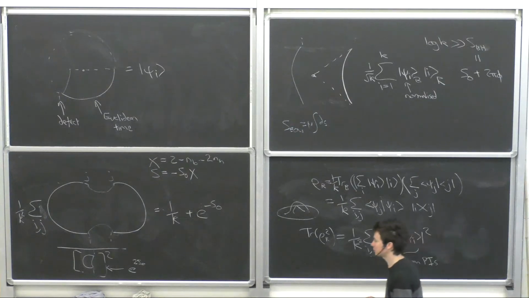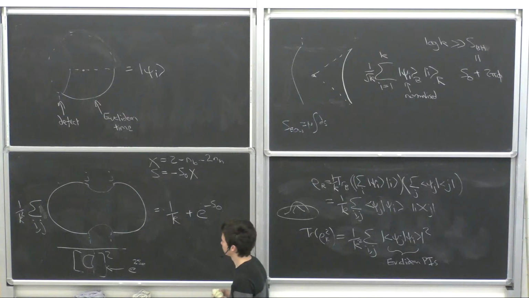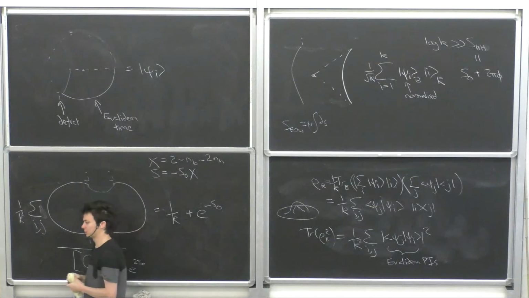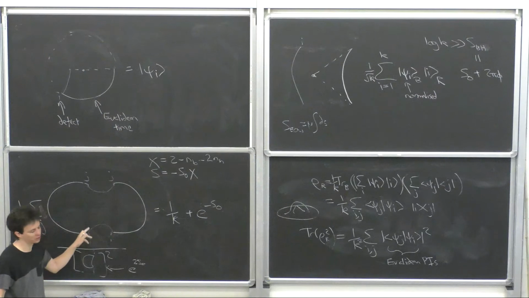Okay? Is there also a contribution connecting the top left j to the bottom right I and the bottom left I to the top right j? Yeah, that depends on whether you want to think of these end-of-the-world branes as oriented or not.